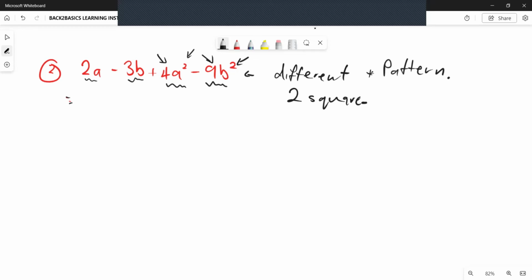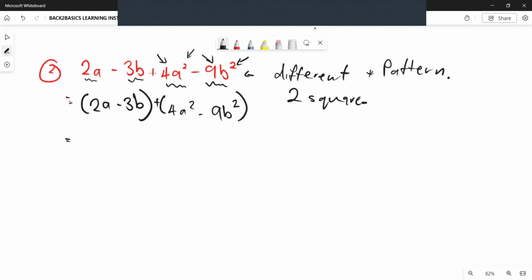So now what is it that you are going to do? You are going to say, now listen, this is going to be the same as now 2a subtract your 3b into bracket, then what is it that you are also going to have? This other one is going to be now your open bracket, and remember there's a plus here, so this is going to be 4a squared subtract 9b squared. Sure.